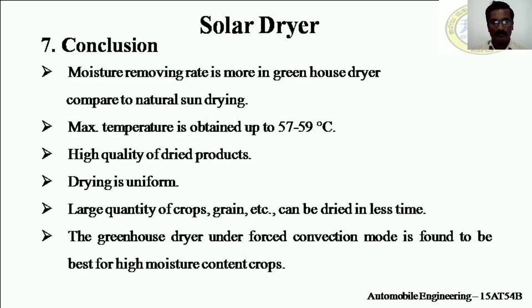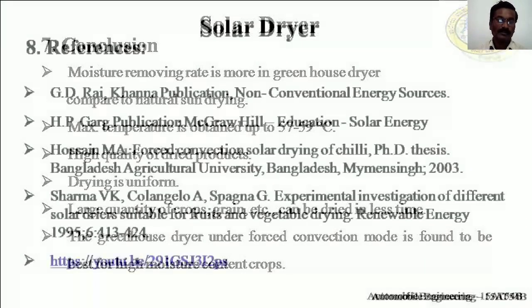Drying is uniform, but in the case of direct solar heating, it is not uniform. Large quantities of crops, grains, etc. can be dried in less time. Greenhouse dryers under forced convection mode are found to be best for high moisture content crops.